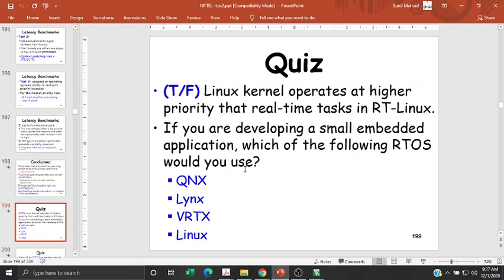If you are developing a small embedded application, which of the following RTOSs would you use? Whenever you are making the decisions, whether QNX, Linux, VRTX, or whatever the particular flavor you are using, you have to give a justification for your selection. In any project assessment, that plays a very important role.